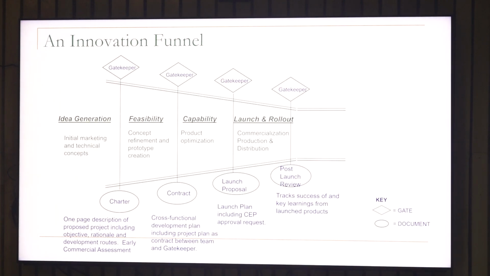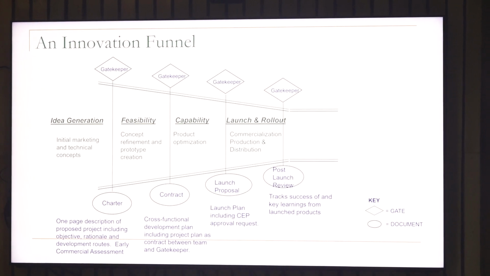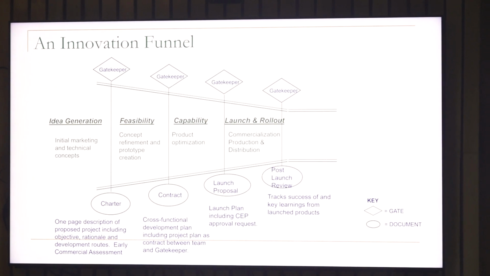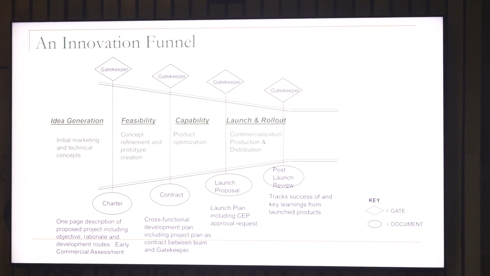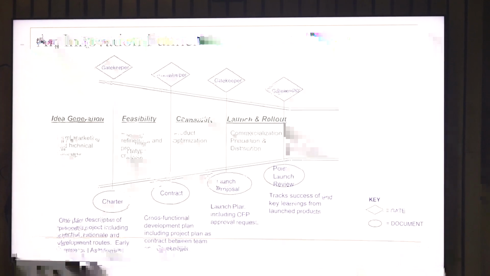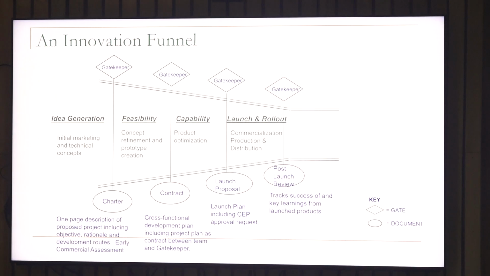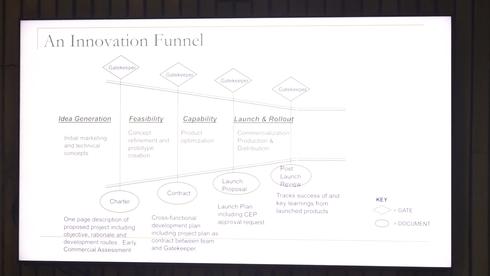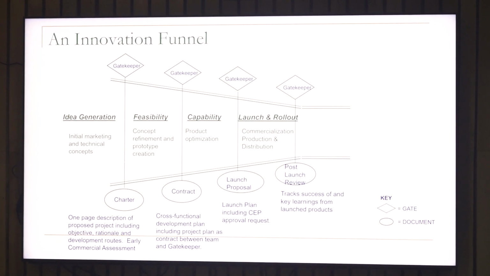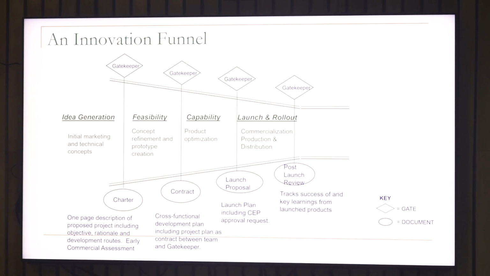You are structuring it now in a more formal manner. The first stage is idea generation. The second stage is feasibility of those ideas, what we call alternates. Then capability, whether the alternate which you have chosen, you are capable of that thing or not. So you acquire a lot of capabilities, you develop a lot of partnerships, and then launch and roll out. Okay?